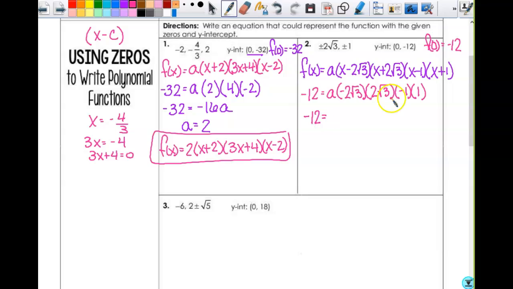So on my right-hand side, when all is said and done, is this number going to be positive or negative? What do you think? Just, is it going to be positive or negative? That's all I want to know.